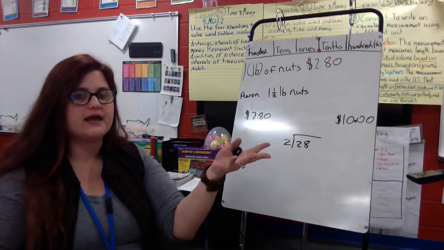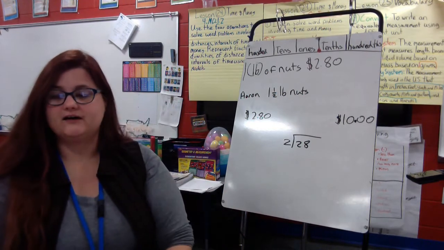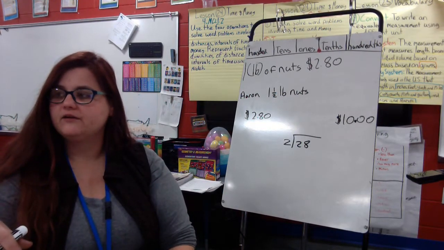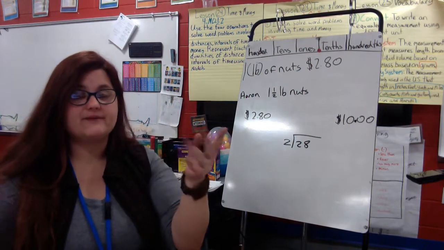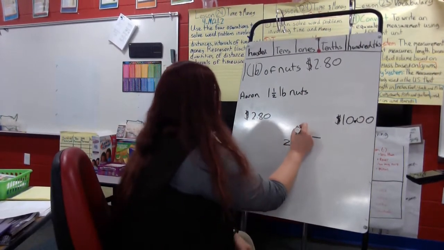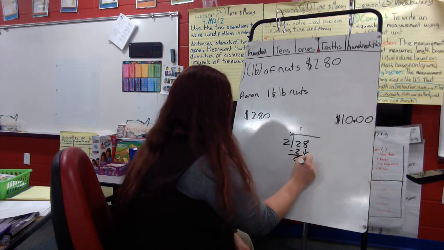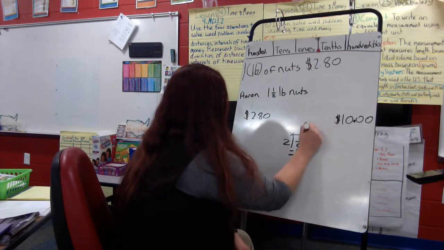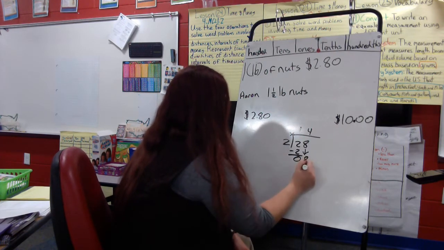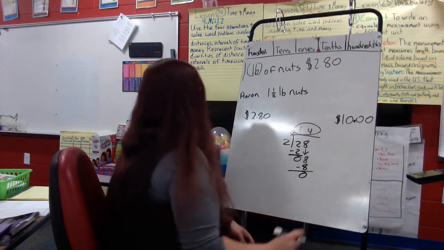If I said 30 divided by 2, you get 15. So we're going to divide this by 2. 2 goes into 2 one time. 2 times 1 is 2. Subtract, bring down. 2 goes into 8. 4 times. 4 times 2 is 8. Subtract 0.